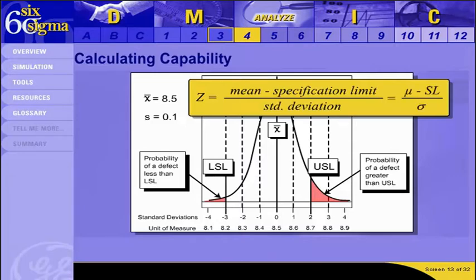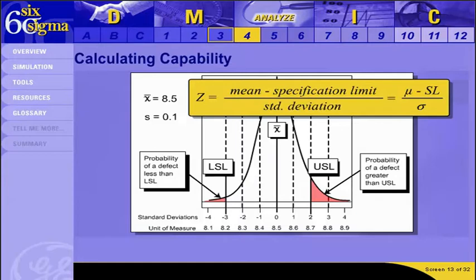In other words, the z-score measures the distance between the mean and the specification limit in standard deviation units. Once the z-score is calculated based on this simple formula, one can easily resort to the single-tail z-table to determine the defect rate or the probability of producing an outcome that is outside the specification limits.